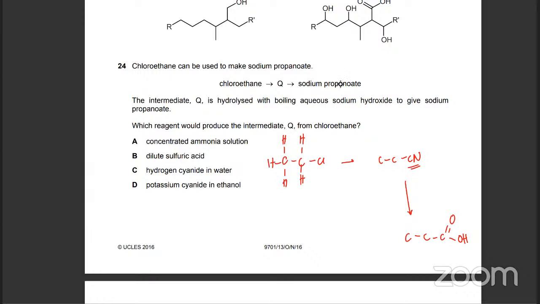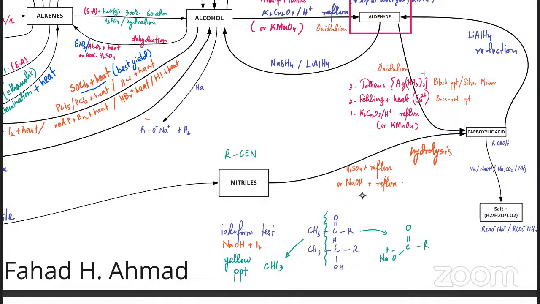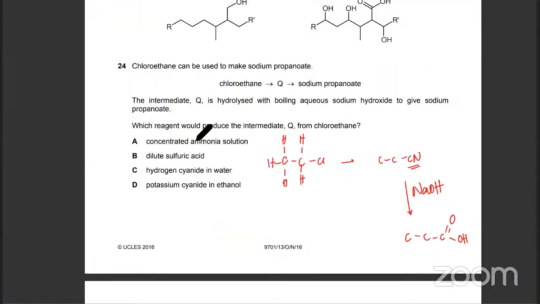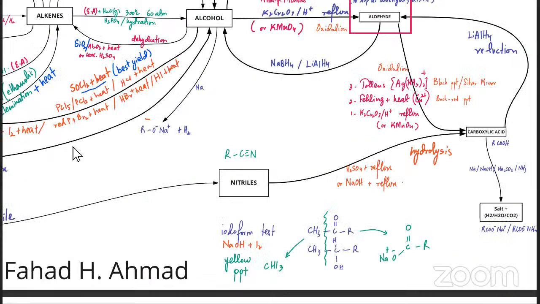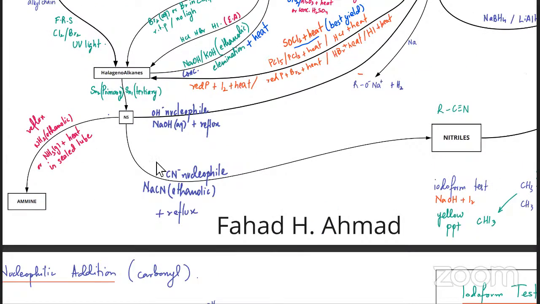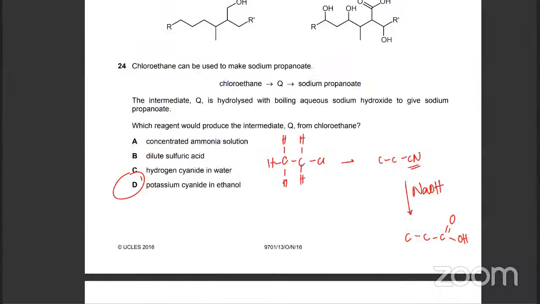So you'll use alkaline hydrolysis, okay? So here, instead of using H2SO4, you're going to use NaOH because you want a salt of the carboxylic acid. The salt would be formed if you have alkaline conditions. So coming back to this, which reagent will produce the intermediate Q, that's CN, and that would be ethanolic KCN. With the halogenoalkane, you use CN- ethanolic and reflux. That's the answer.